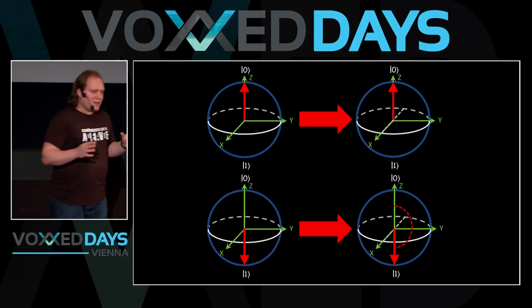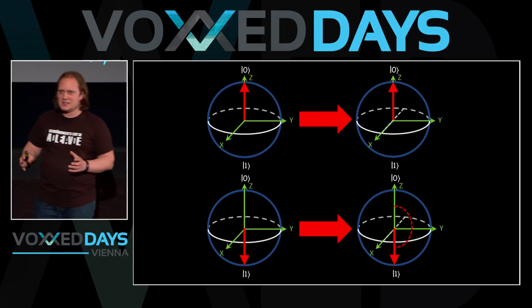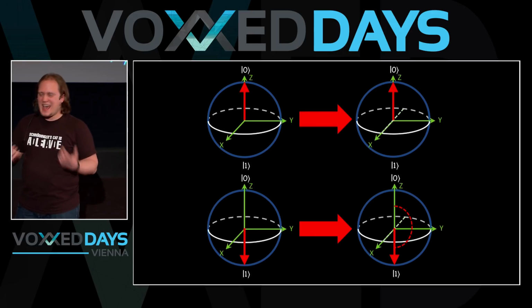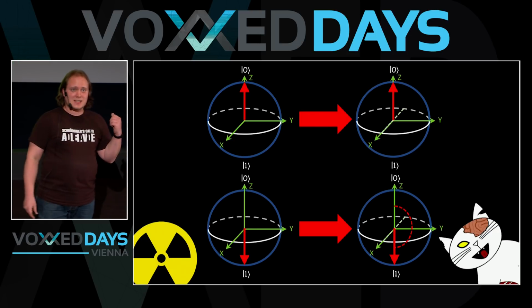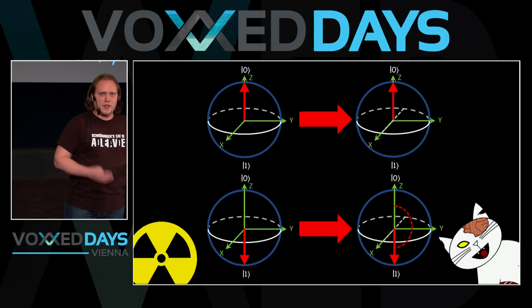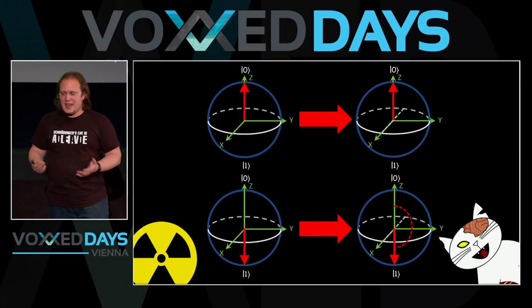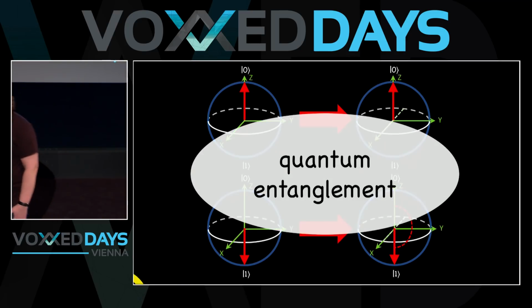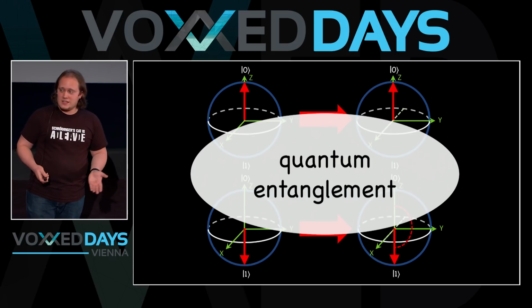So basically we have the control gate and the target gate locked together. They're entangled. This is the situation we had with Schrödinger's cat and the radioactive isotope earlier. They're either both 0 or they're both 1. You don't get any states where they're mixed up any other way. This is called quantum entanglement. This is the other huge concept that quantum computing brings to the table.